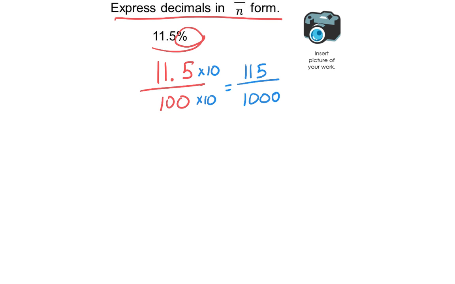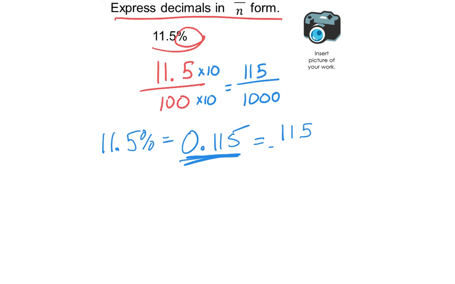Okay, the other way we can do it, turn it to a decimal first, moving it 2 places to the left. Okay, now that went from a percent to a decimal. Now we can make this into a fraction because that is read as 115 thousandths, or there's going to be 1, 2, 3 zeros in my denominator.